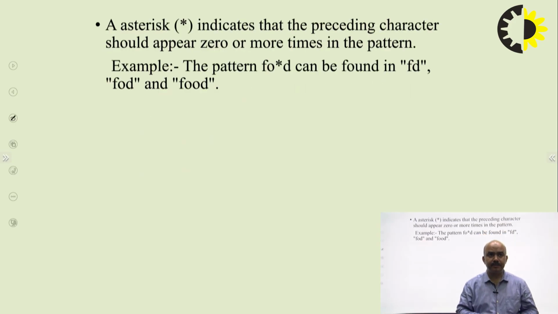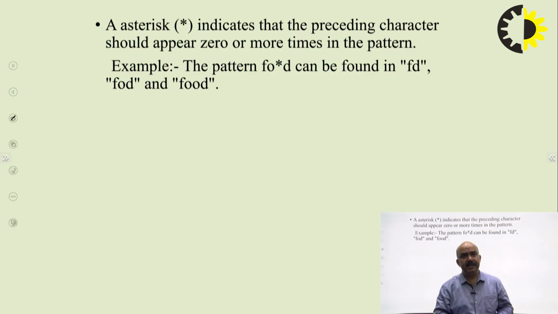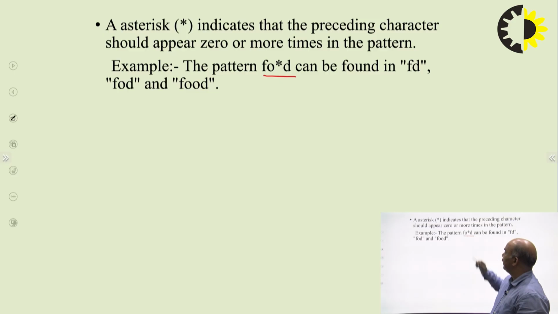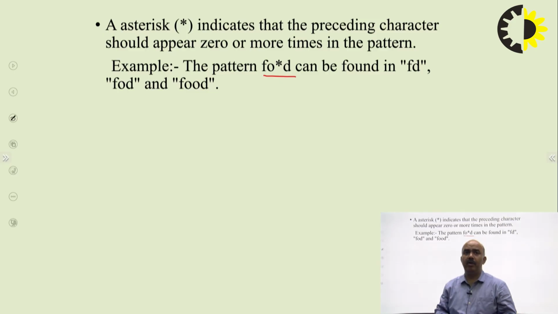Another is the asterisk. The asterisk indicates that the preceding character should appear 0 or more times in the pattern. Let's suppose we want to check whether this pattern is found or not.